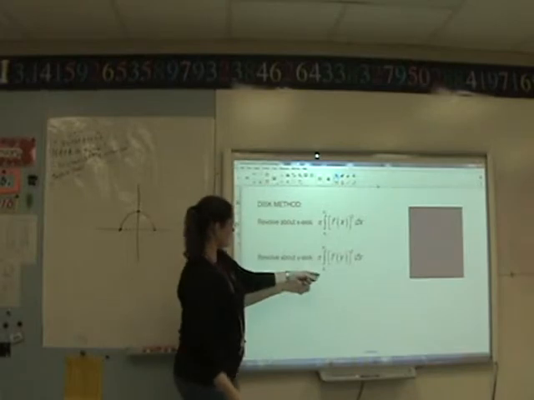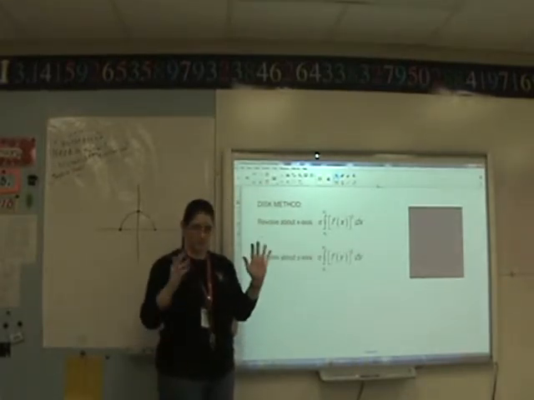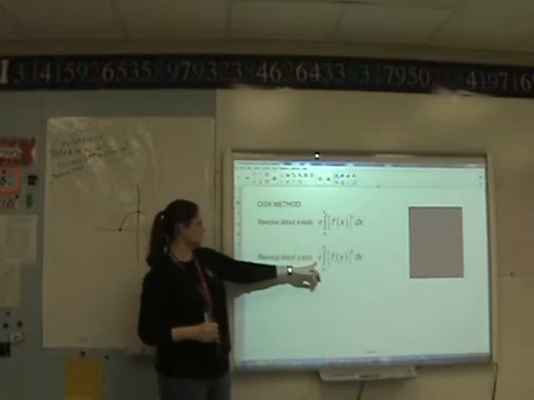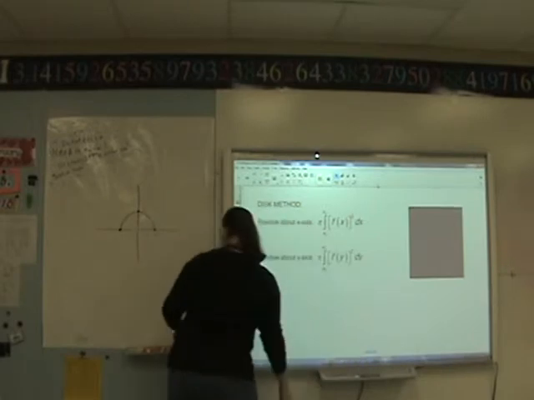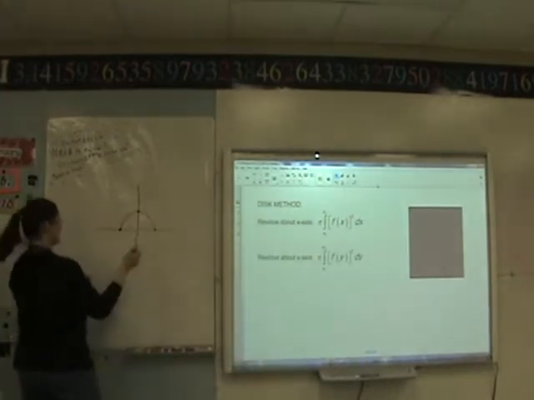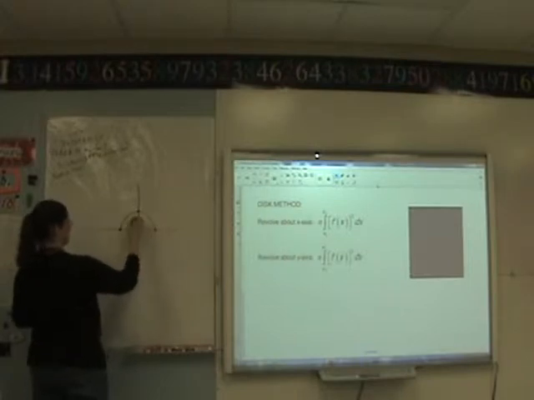We've got the y1 and y2. That's the same thing that it was before, where your region starts and stops. And then we've got a pi out here. So it's pi, and then my function is acting as the radius. If you think about this, my semicircle here, and I rotate it, it's going to make a sphere.